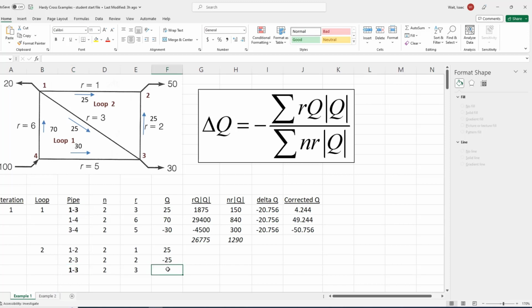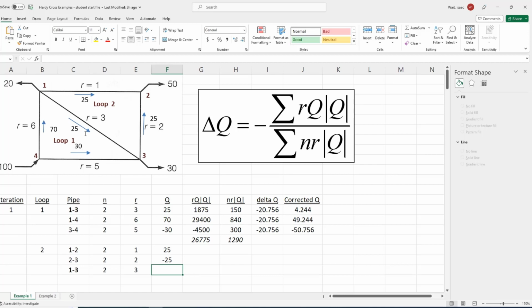Okay, so I'm going to use this updated value for the flow rate. But I'm not going to say it's 4.244, because when we did the correction from the perspective of loop 1, the corrected value is 4.24. What does that look like when you're standing in loop 2?